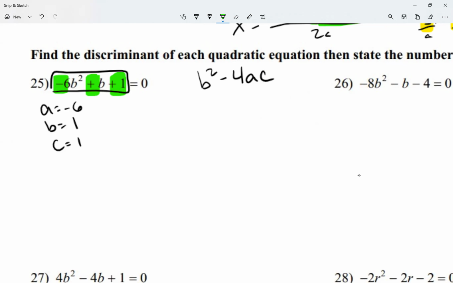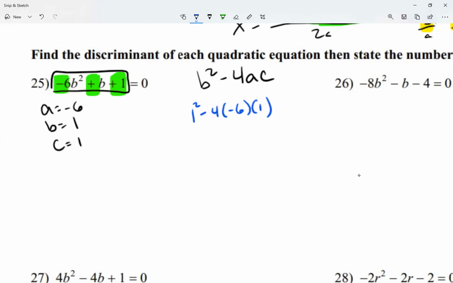Again, I'm going to use this for my discriminant. So let me rewrite this. b squared minus 4ac, let me replace it with the values that I have. So 1 squared minus 4 times a negative 6 times a 1. I replaced my values of b, a, and c.